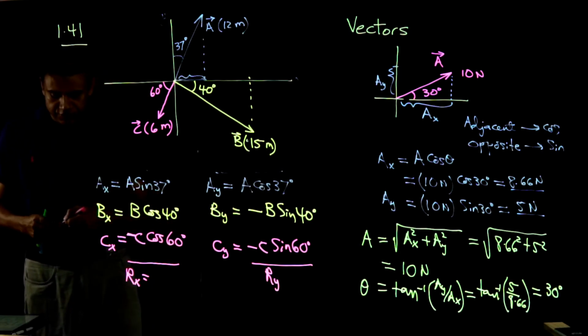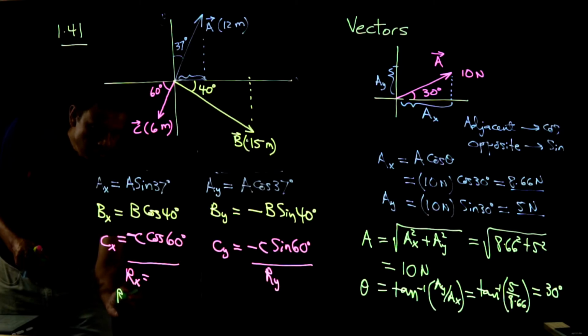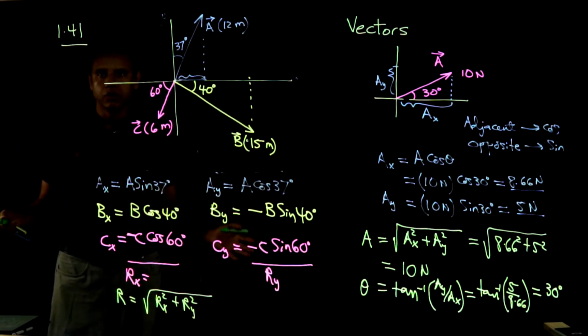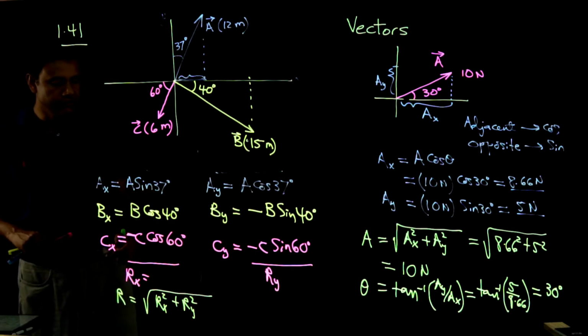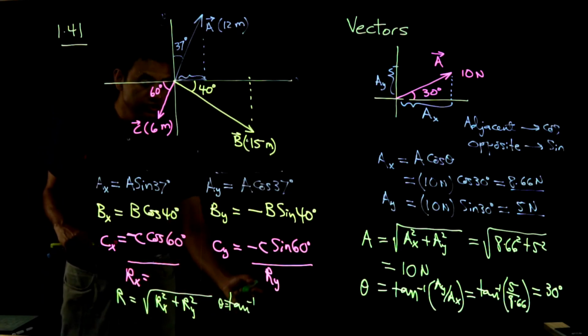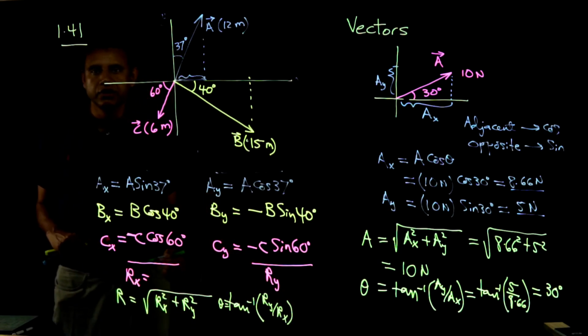All you have to do to get the resultant is R equal to the square root of Rx squared plus Ry squared, and that's going to give you the overall value of the vector. Okay, and the angle, tangent inverse, so theta would be tangent inverse of Ry over Rx, and this is going to give you the answer.